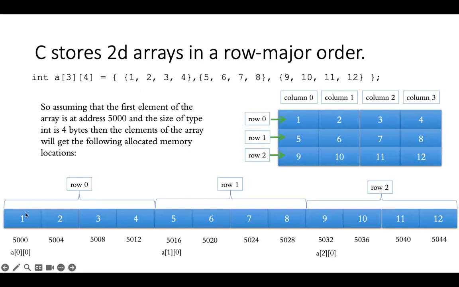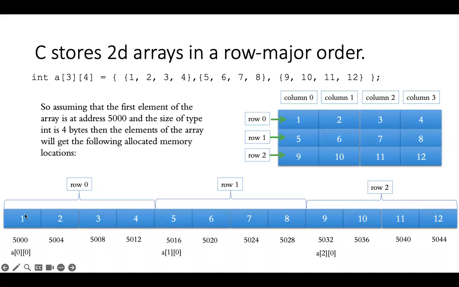And this is how we can visualize it. So this is the first row, followed by the second row, and the third row. Assuming that the first element of the array is at address 5000, and the size of type int is 4 bytes, then the elements of the array will get the following allocated memory locations.